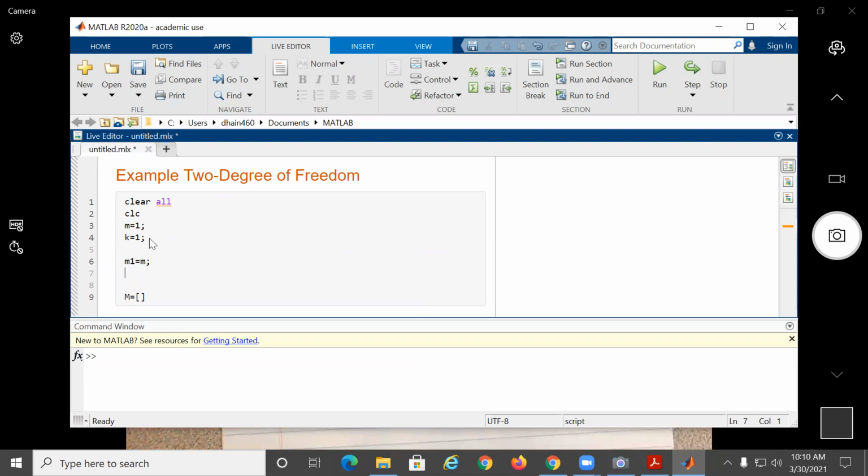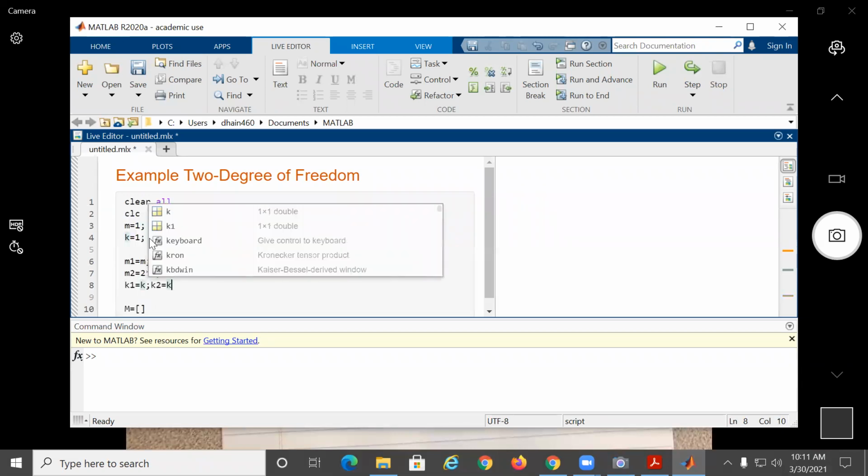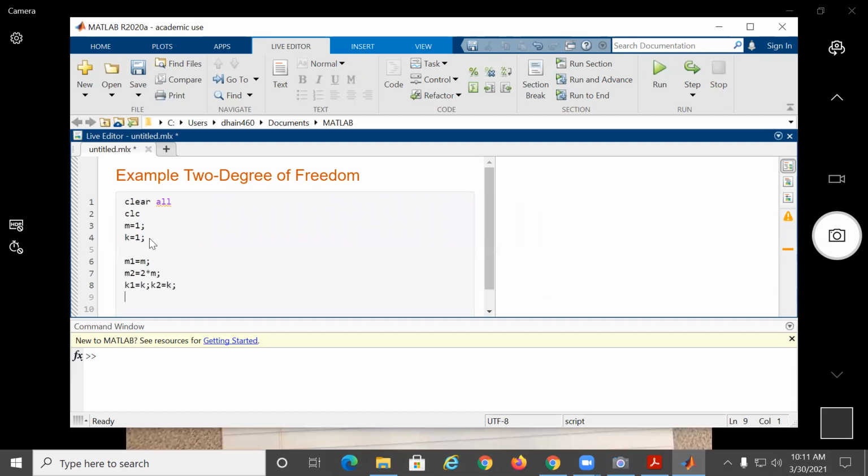M2 will be equal to 2M. All right. And then we had K1 equal to K, K2 equal to K, and K3 equals to 2K. All right. That's from the problem statement, no?